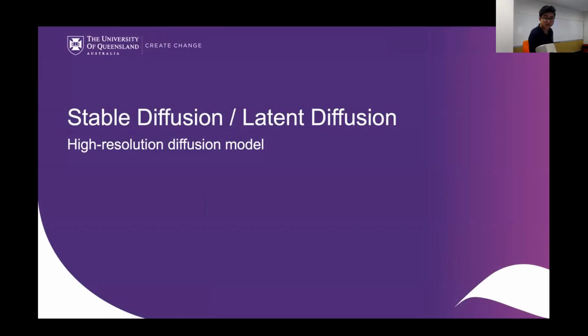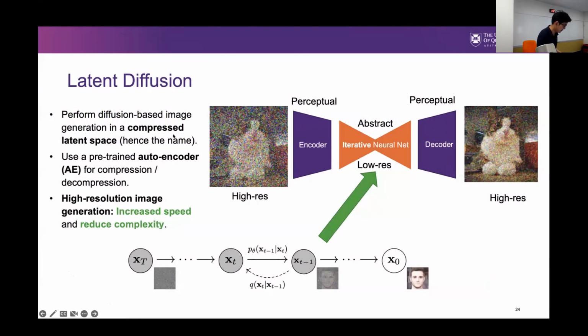Okay, so now I'll just talk about some more influential changes, which is, as we've seen, stable diffusion, which is based on this work called latent diffusion. And its biggest contribution, at least from the start, is the ability to generate high resolution images. As we've seen before, high resolution images are really hard to generate because the model needs to focus on generating all of those details, which can be quite overwhelming, right?